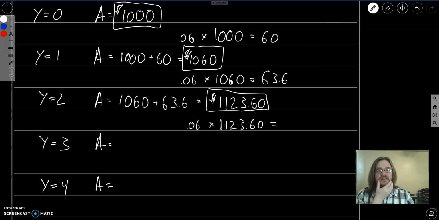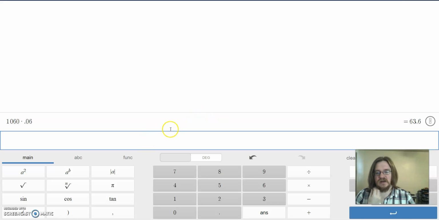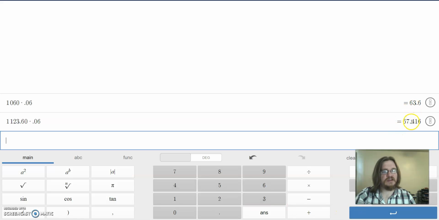And here, if we come back to Desmos, what I'll do is I'll take our 1,123.60. So this is how much money we have in our account, and we're going to take this times 6%, as in 0.06, and we've got 67.146.